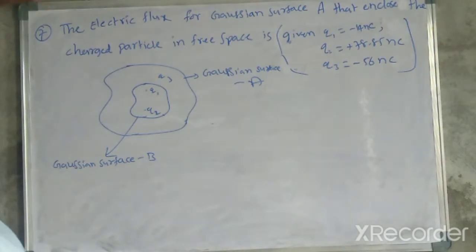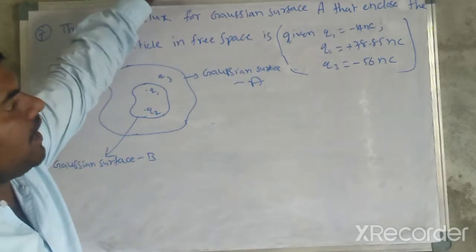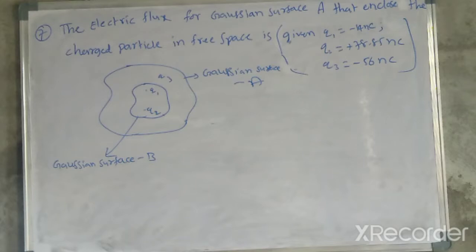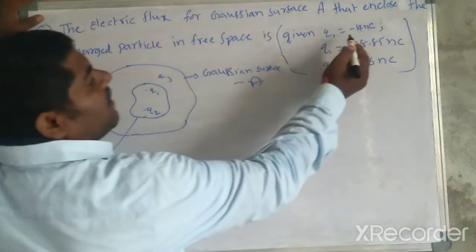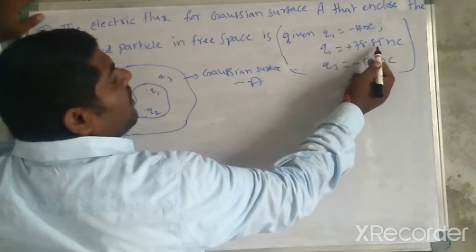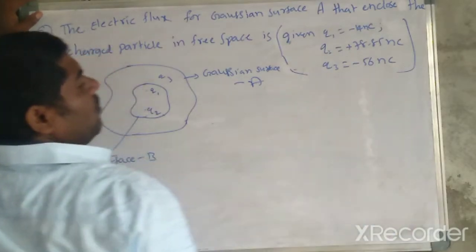Now another model: the electric flux for Gaussian surface capital A that encloses the charged particles in free space. Q1 is equal to minus 14 nanocoulomb, Q2 is equal to 78.85 nanocoulomb, Q3 is equal to minus 56 nanocoulomb.